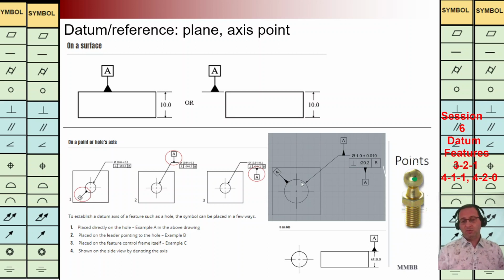Whenever we are going to use the side view of the pin, this symbol should be connected to the dimension. In this situation, we are going to define the axis of the pin as a datum axis. Whenever we are going to define the reference point or datum point, the same scenario, this symbol should be connected to the surface of, let's say, a sphere.